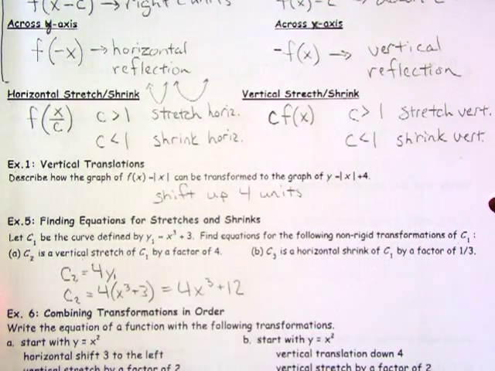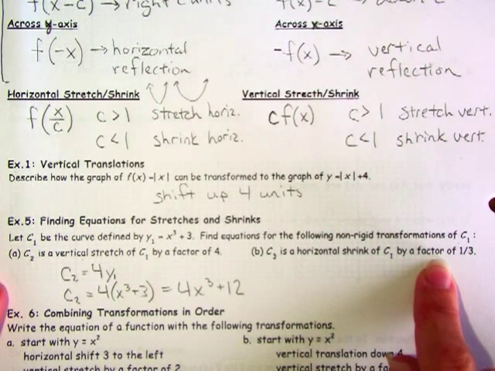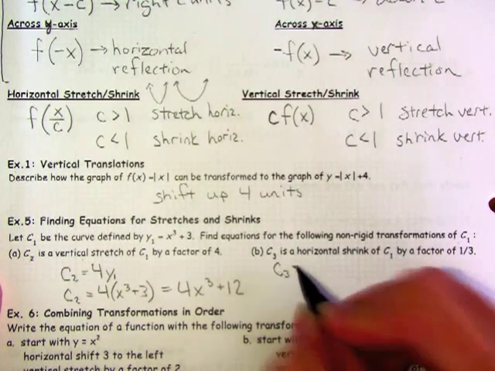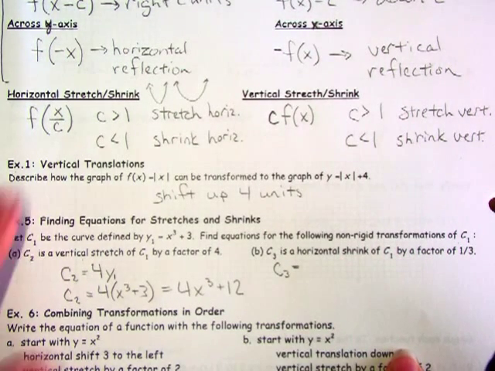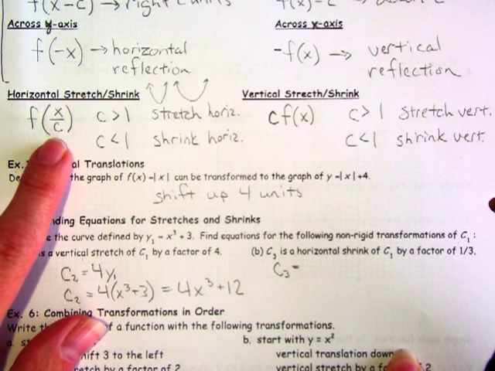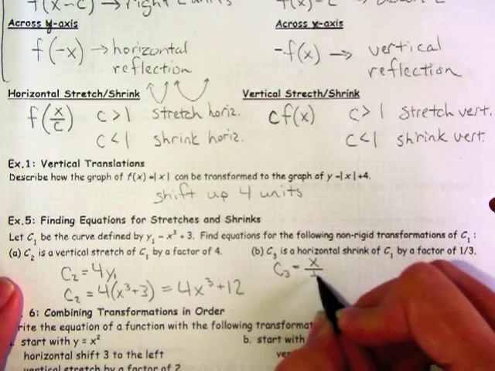Now we want to look at a horizontal shrink by a factor of a third. So to find C3, curve 3, working horizontally has the division. All the x values need to be divided by c, and c is 1/3. So I'm going to take x and divide it by a third, just to see what's going to happen.